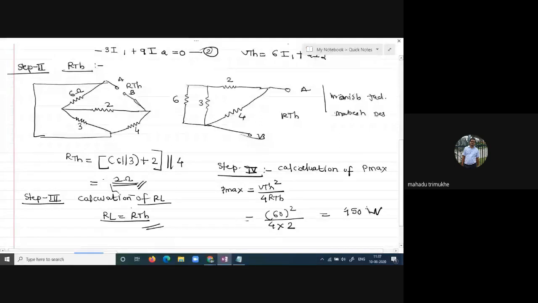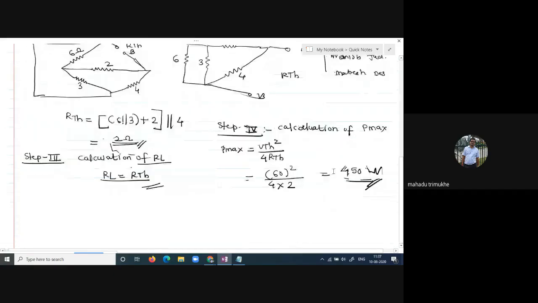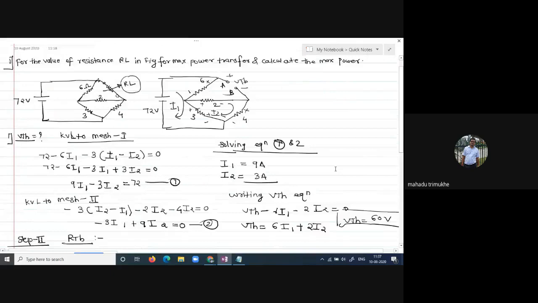That is your maximum power at the output side. Pmax is equal to 450 watt. That way you have found Vth, Rth, RL and Pmax. Okay, these steps are clear to you people?